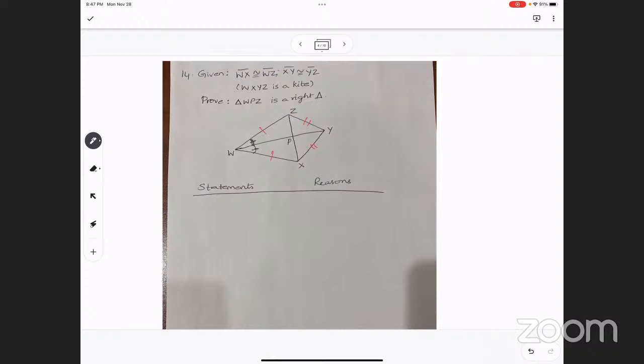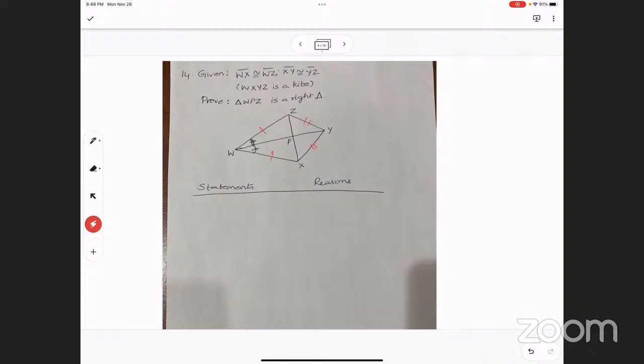And then I can say that this triangle is congruent to this triangle by what? By angle. Well, I'm sorry. First, I'd have to say WP is congruent to itself. Yeah, by reflexive property. And then it's congruent by side angle side. Perfect. Good.